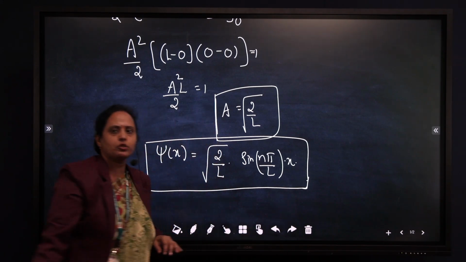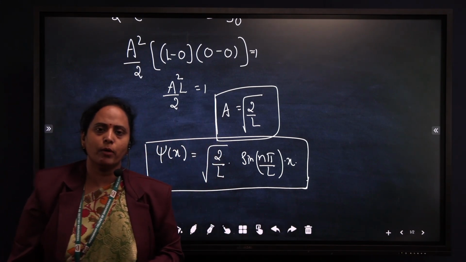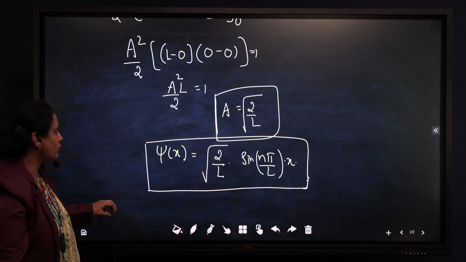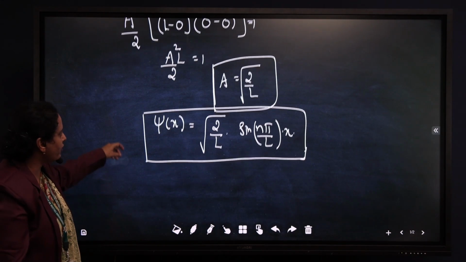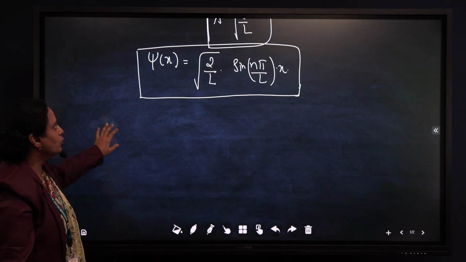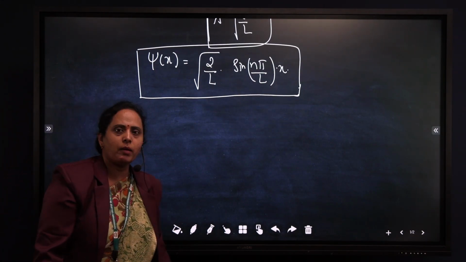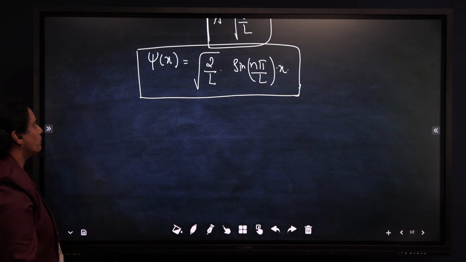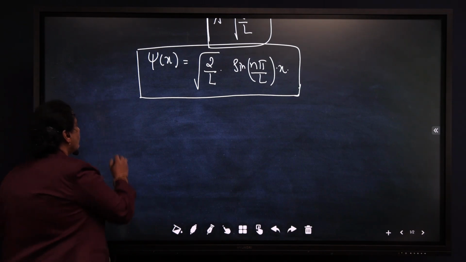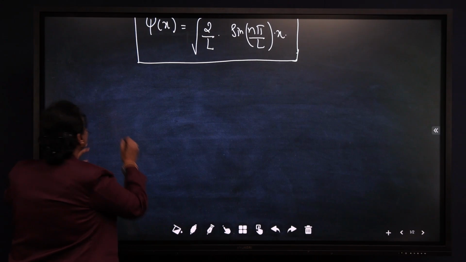That is, by using the Schrodinger wave equation, here we are able to find the solution for the wave function. That is, the wave function is given by the square root of 2 by L into sine n pi by L into x. Now, what are the eigenvalues and energy values?